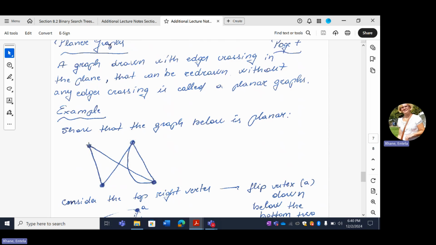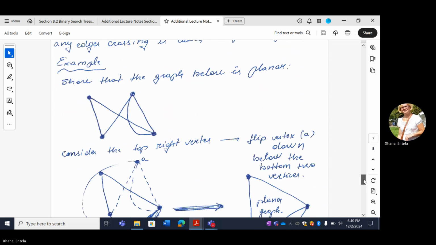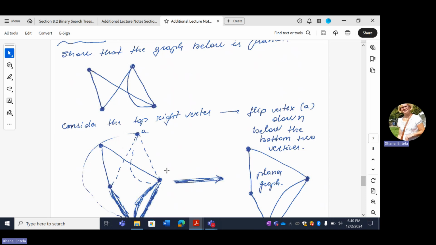So this is what I'm going to do. I'm going to consider this top vertex, which I'm going to call A, and you see it in the next image. Now, this edge, which is dashed, means that I'm about to remove it and redraw it.